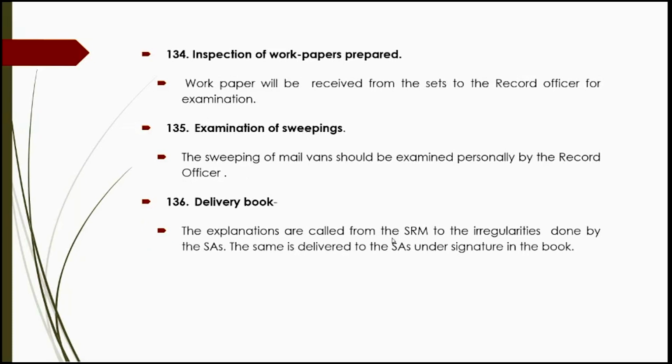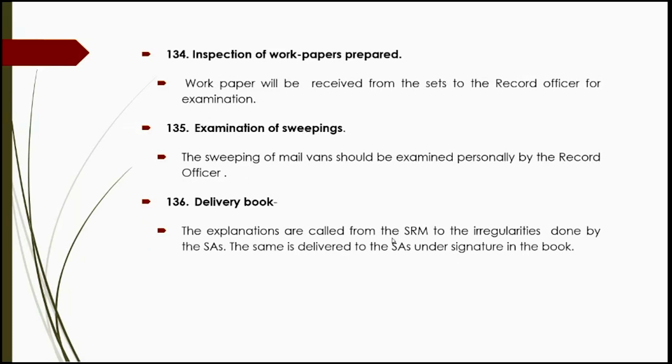136 is delivery book. What do you mean by delivery book? What is done by the delivery book? Sometimes we know very well that sorting assistants may be doing some kind of irregularities, and the superintendent will direct that particular sorting assistant to provide an explanation.